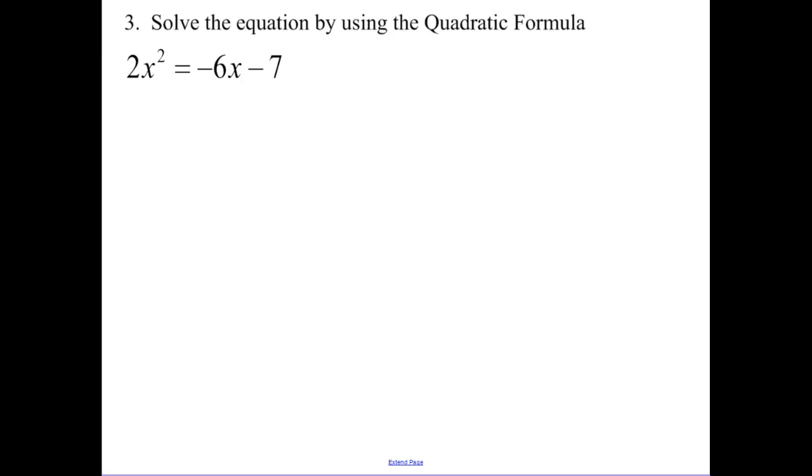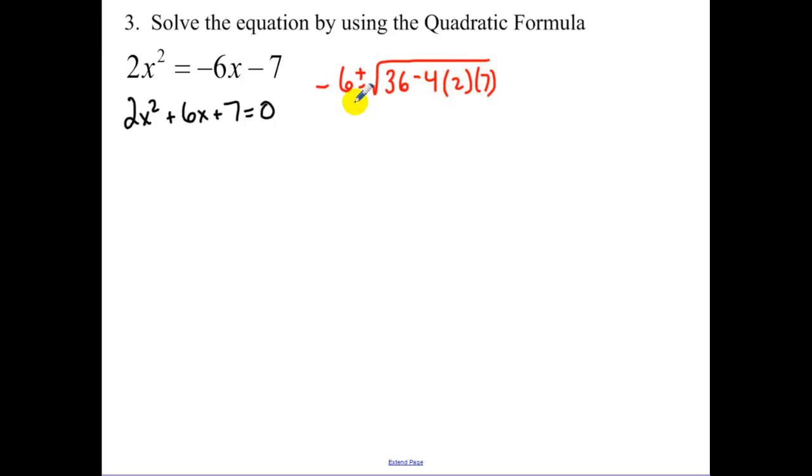Example 3. Again, we have to get one side to be 0, so I'm going to add these 6 over, add these 7 over to get 0. Again, you can write out the a, b, and c. I'm not going to do that. So we have the opposite of b plus or minus the square root of b squared minus 4ac all over 2a.